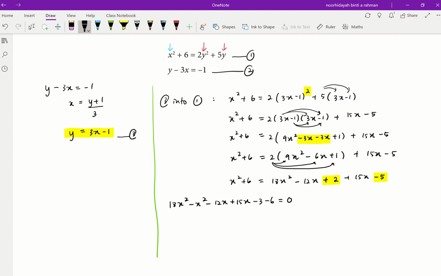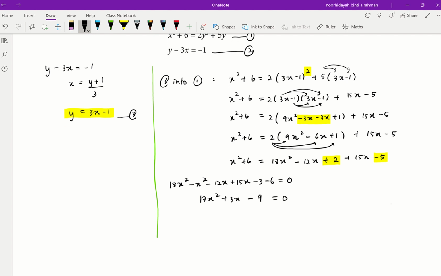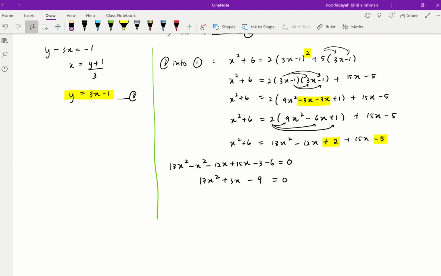Simplify the numbers. 18 minus 1 x squared becomes 17x squared. Negative 12x plus 15x becomes plus 3x. And last but not least, minus 9 equals 0. Since the number is 17, 3, negative 9, I couldn't find the factorization step, so I'm going to choose the formula.